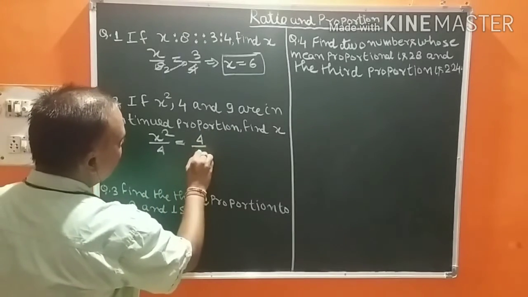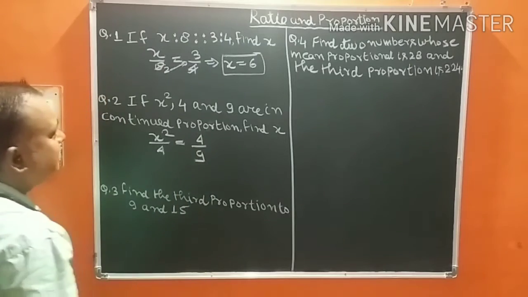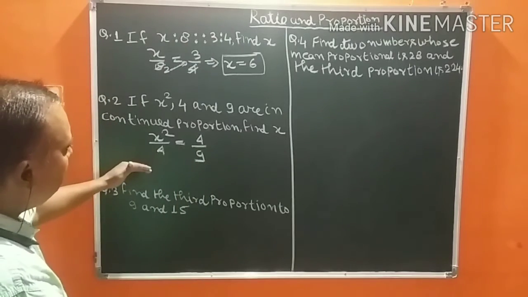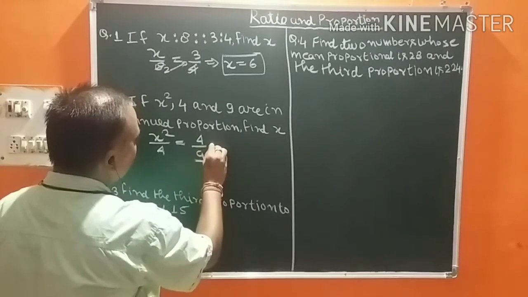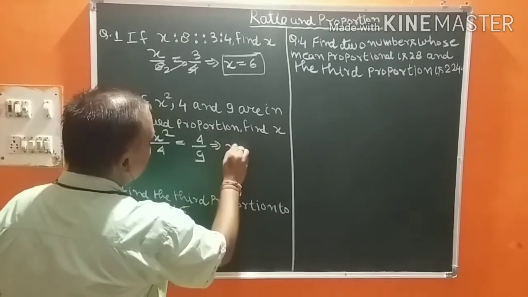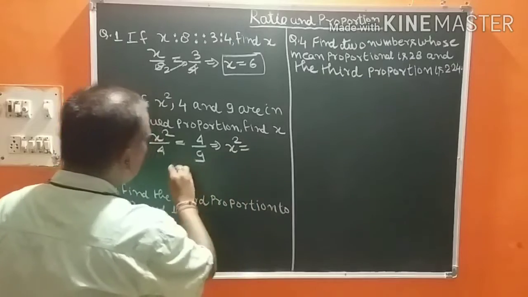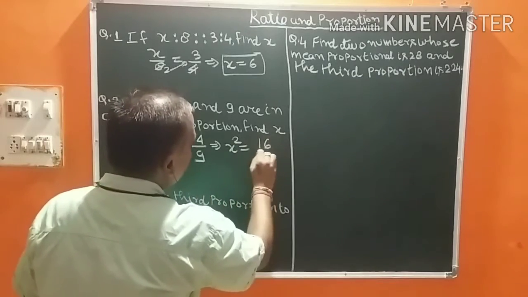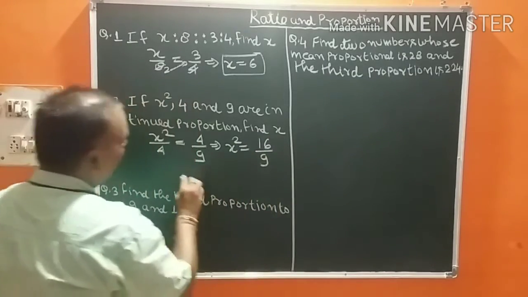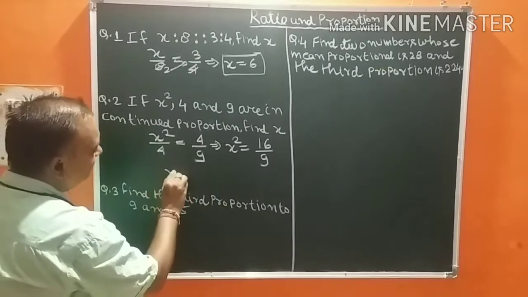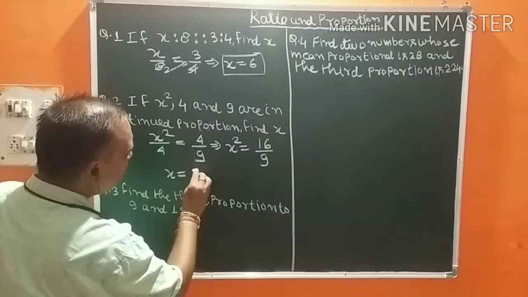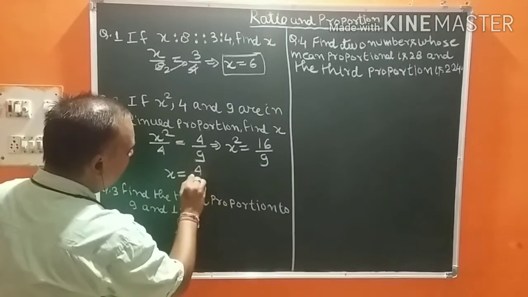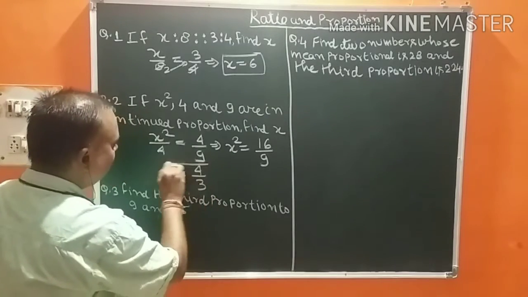It is clear. x square upon 4 equal to 4 upon 9, or we can write x square equal to 16 upon 9. Clear? When we take the square root, it will be x equal to 4 upon 3. It is clear?